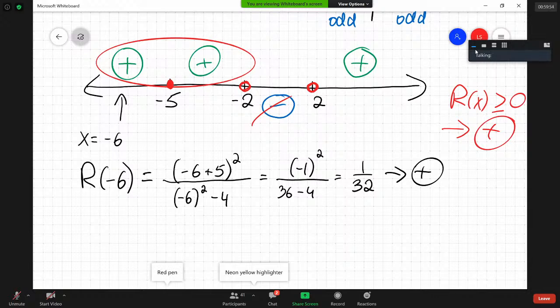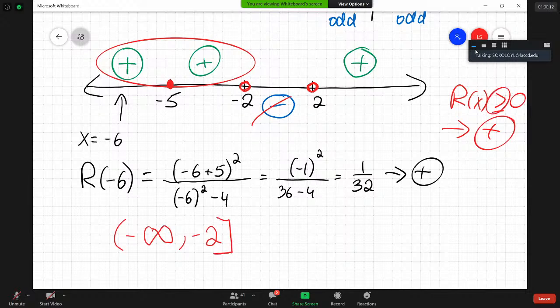So we would want -infinity all the way to -2. Now, the reason why we are not including the -2, even though our symbol is greater than or equal to, is because the -2 is not a point, it's an asymptote.